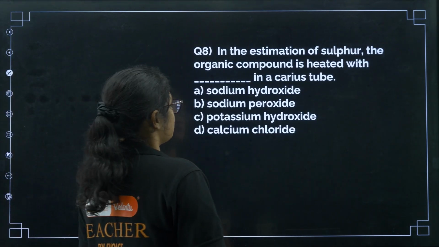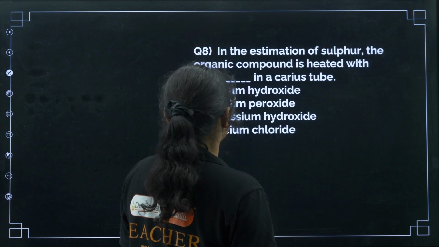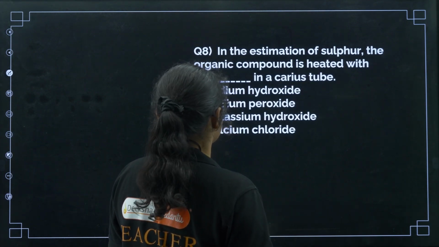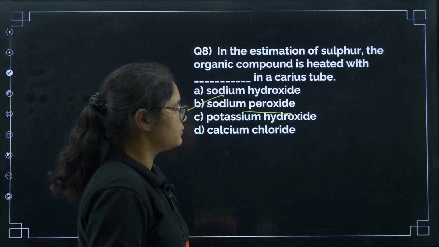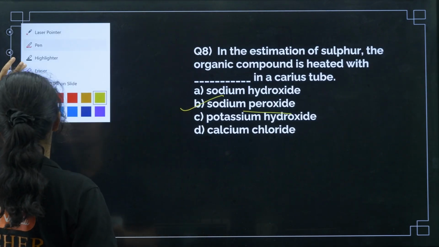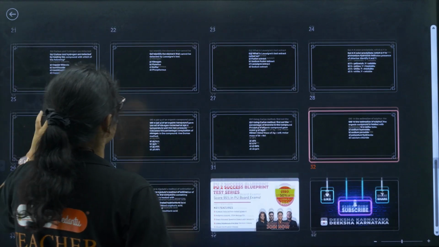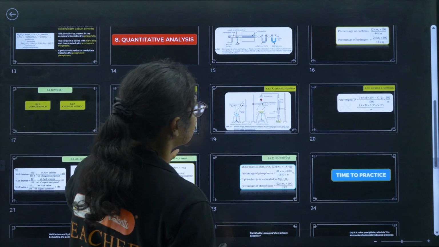In the estimation of sulfur, the organic compound is heated with dash in a carius tube, sodium peroxide, right? We can convert it into sulfate group, right? So if you have remembered, let us check once again. Detection of sulfur, right?